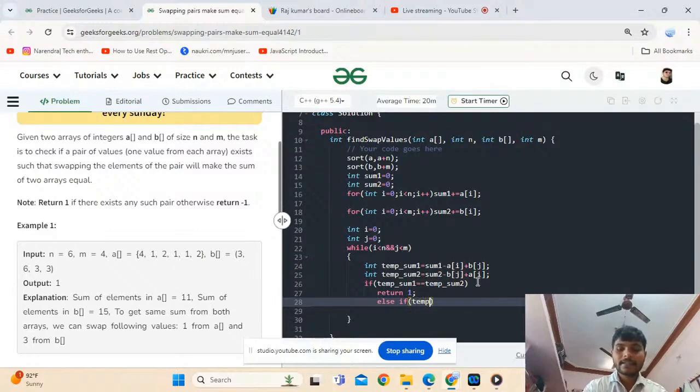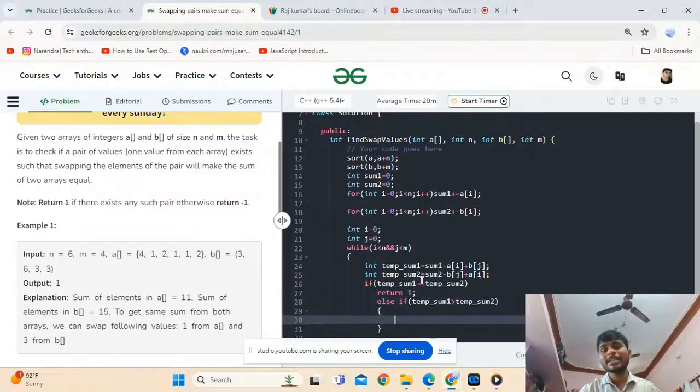Else, if temporary sum 1 is greater than temporary sum 2, then we have to decrease temporary sum 1, right? To decrease temporary sum 1, we have to increase the value of a of I, right? Why?